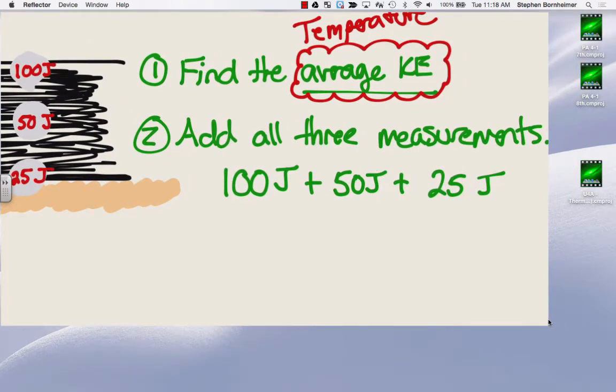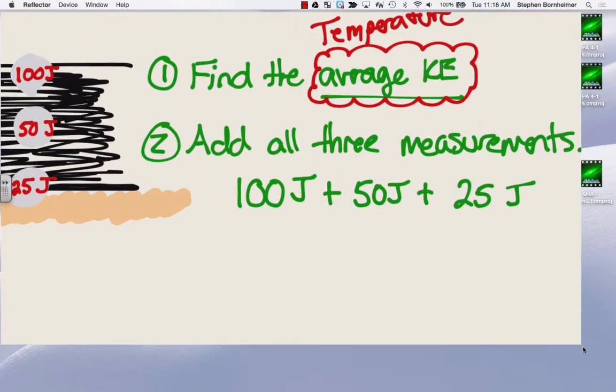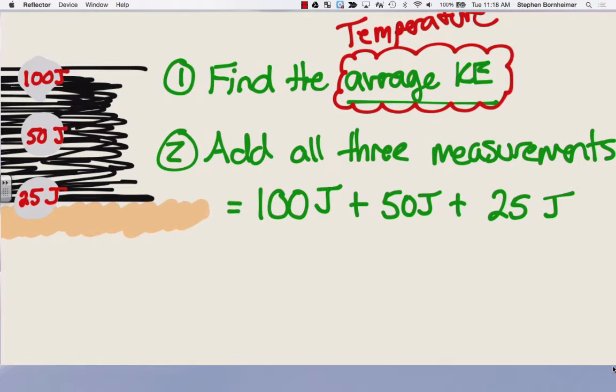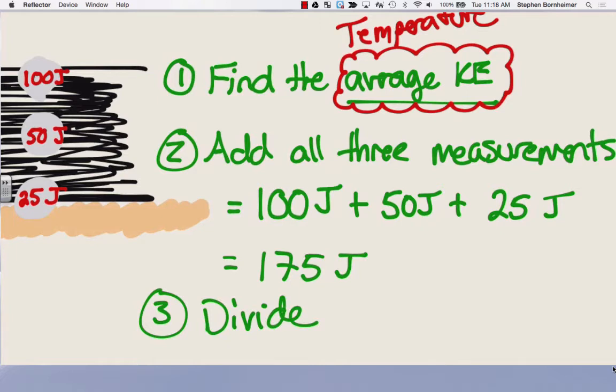All right. So what is the sum of all 3? Gabby? 175. Yep. So this equals 175 joules of energy. The third part is then we divide by the number of numbers.